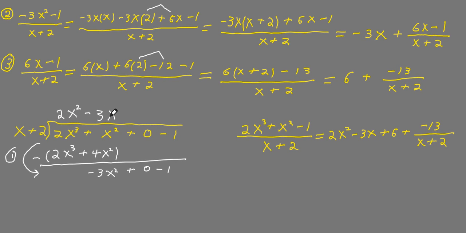Then you take the new term in the quotient, the minus 3x, and multiply it by these terms, and you get the minus 3x squared back again. And then this times this gives you minus 6x. So you've reproduced these two terms in the numerator over here.